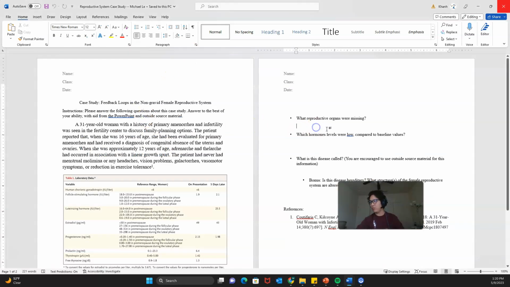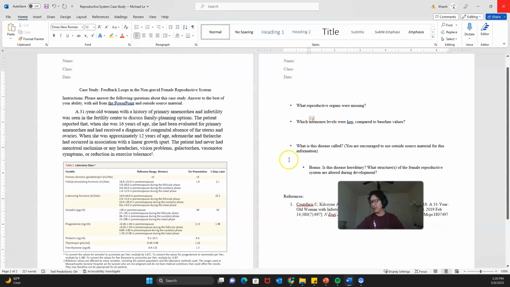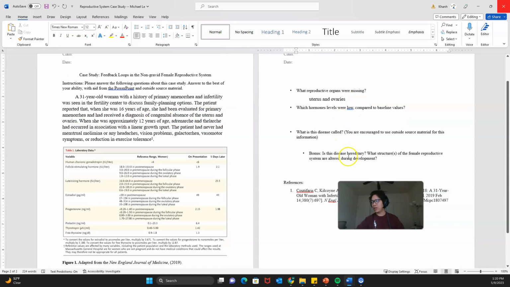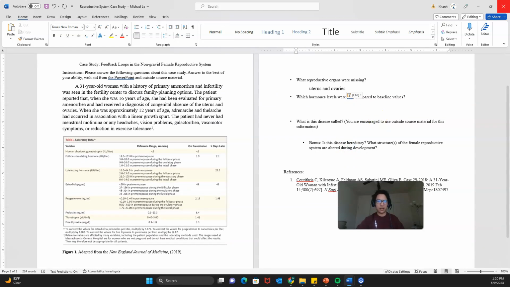Okay, so what reproductive organs were missing? As mentioned in the article, she has congenital absence of the uterus and the ovaries. So, uterus and ovaries. Which hormone levels were low compared to baseline?